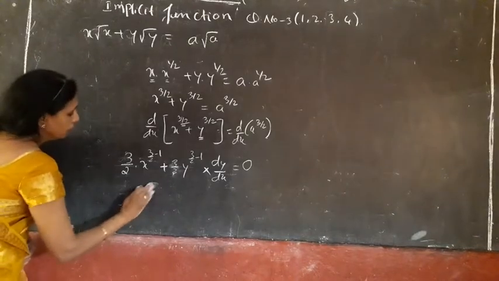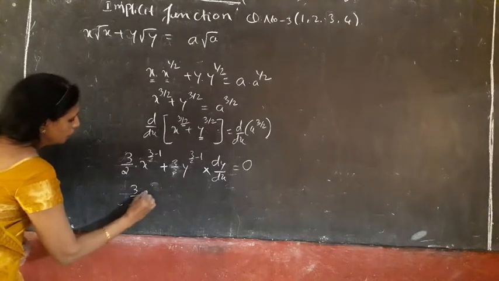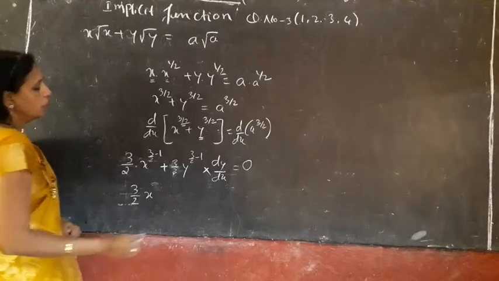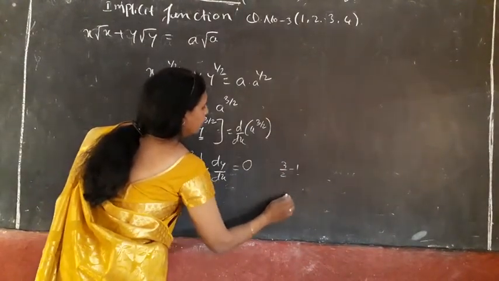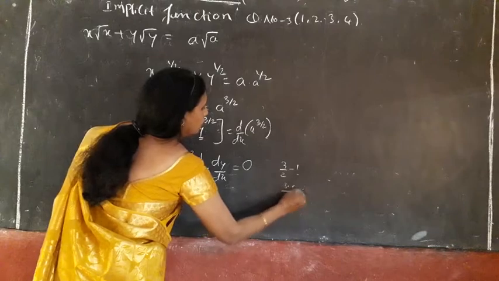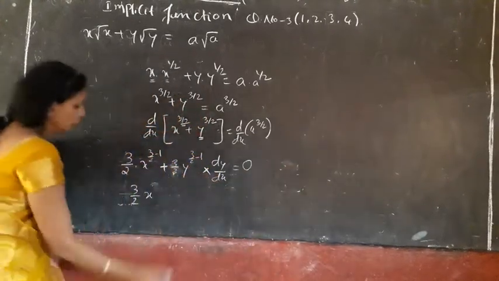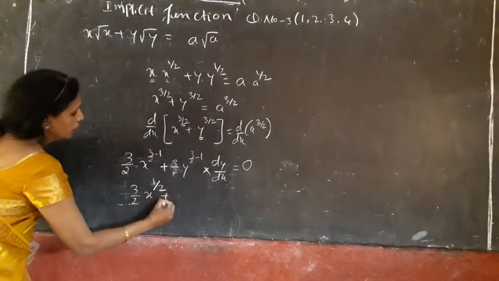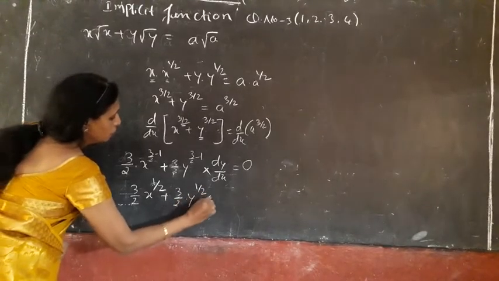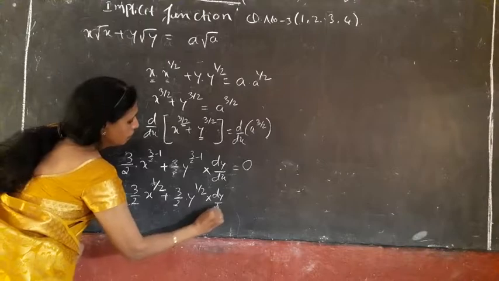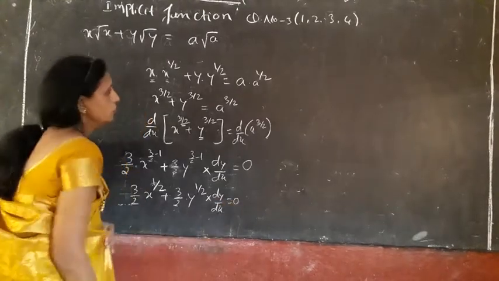Now 3 upon 2 x raised to 3 upon 2 minus 1 gives 1 upon 2. So write here 1 upon 2. Here also 3 upon 2 y raised to 1 upon 2 into dy upon dx. This is equal to 0.